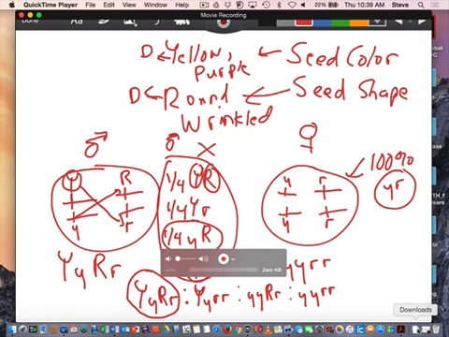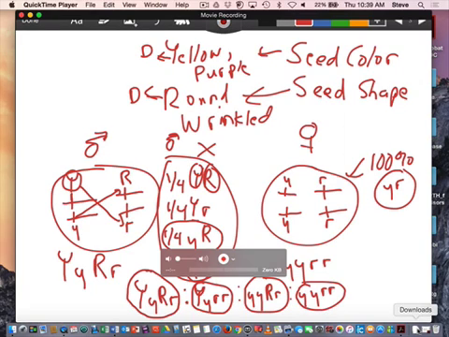That's the genotype. The phenotype would be yellow round, okay? Remember, big Y, the big ones are dominant. What kind of phenotype is that? Yellow wrinkled. Here are purple round.